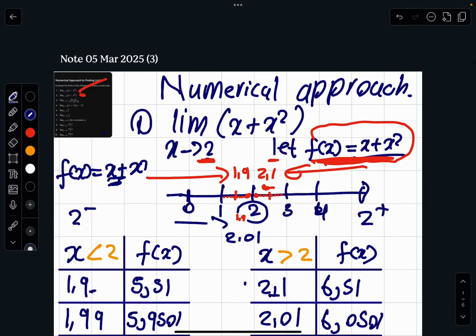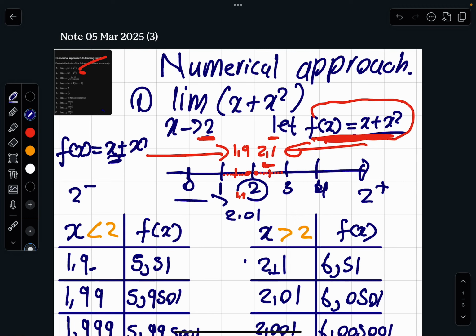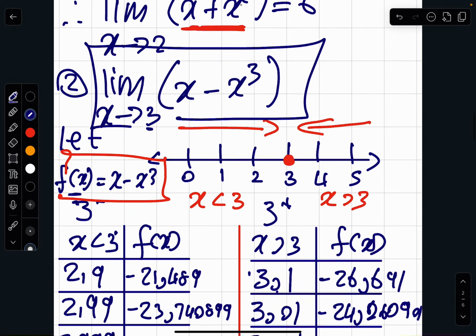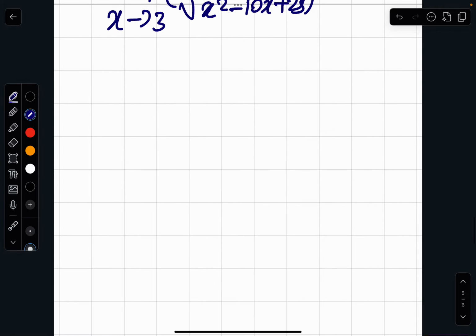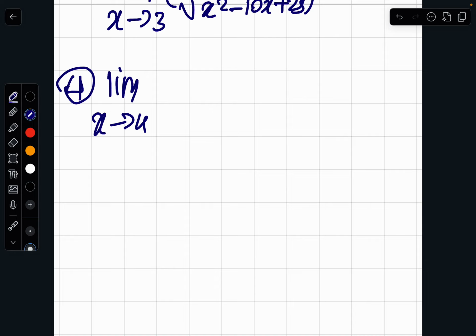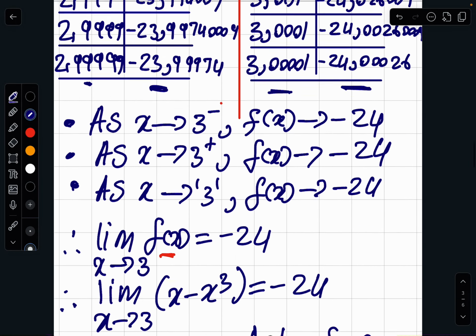So let's check another question. We have the limit as x approaches 4 of x plus 1 and x minus 1. Let me double check.